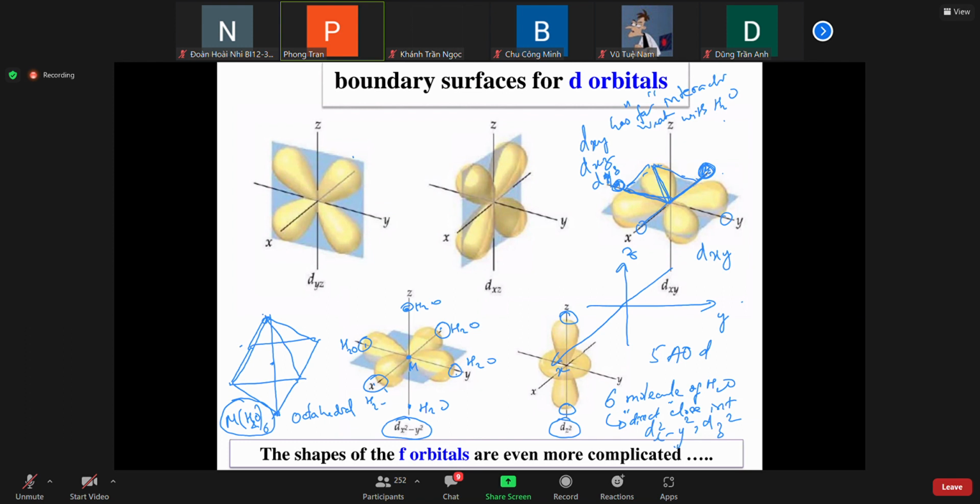It will have 2 sets of orbitals: dx²-y² and dz² have a strong interaction, and a second set of orbitals, dxy, dxz, dyz, have weak interaction.